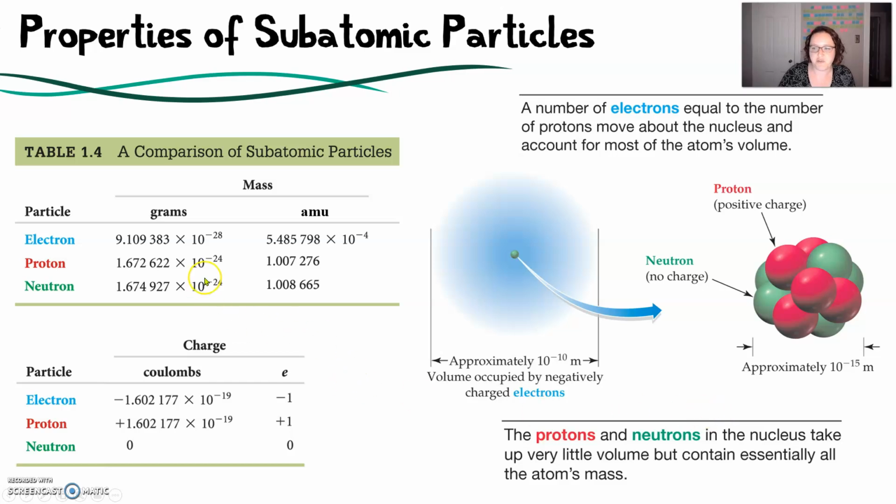Since the protons and neutrons are so much heavier than the electrons, the total mass of the electrons outside the nucleus will be relatively small compared to the total mass of the protons and neutrons inside the tiny nucleus. Thereby, this makes the nucleus incredibly dense.